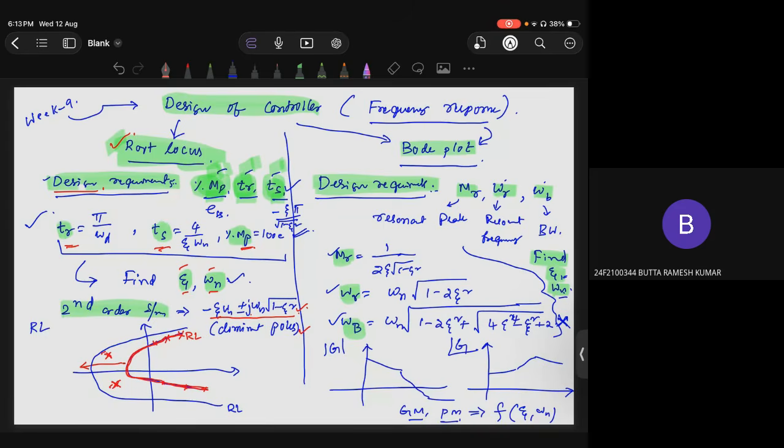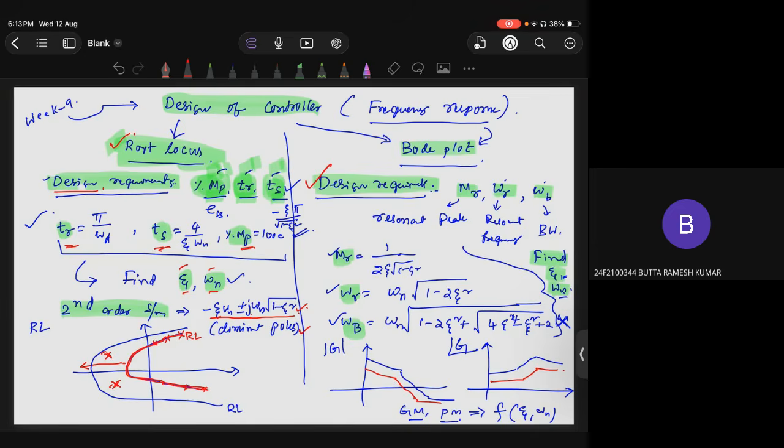We will find this gain margin and phase margin and check whether there is anything we need to shift in this Bode plot, like we were shifting the root locus here. So we need to shift this magnitude plot or phase plot to meet these design requirements. That is the idea. Is this clear? Any doubt? So that's the overall idea of designing the controller using the Bode plot.